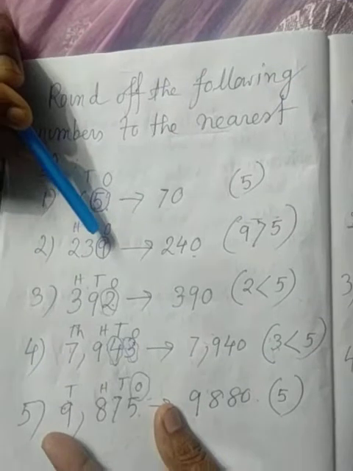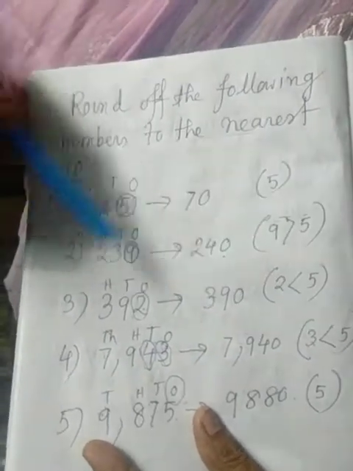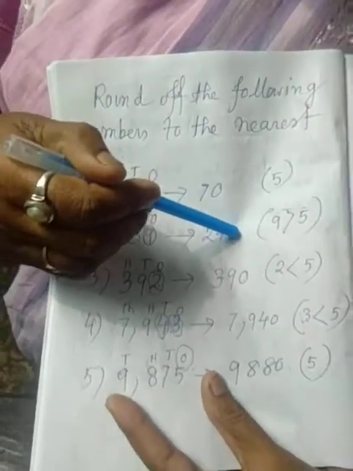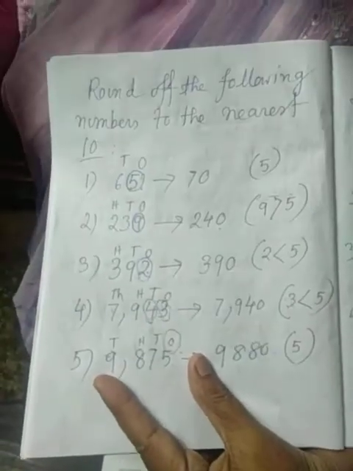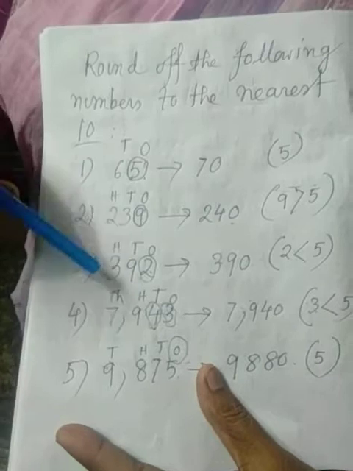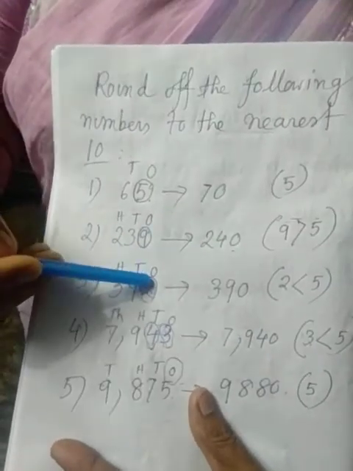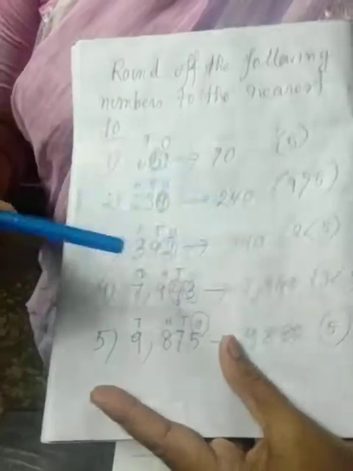The ones place number is 9, which is greater than 5. So 240. 392. Ones place number 2, which is less than 5. That is 390.